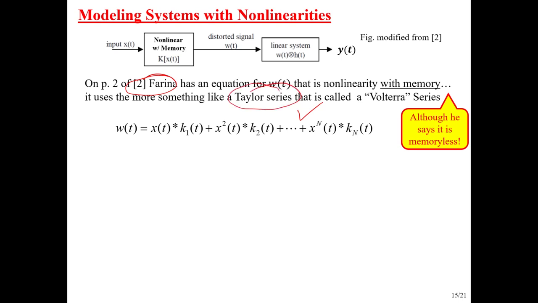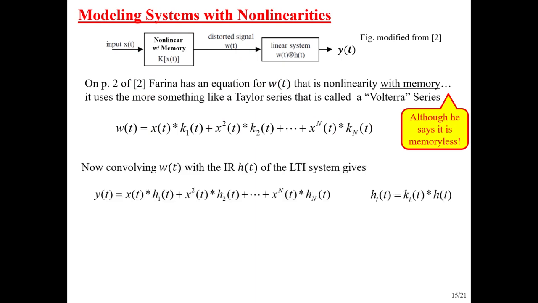The basic idea is that this signal here, after going through this nonlinear system with memory, ends up being x of t convolved with something plus x squared convolved with something all the way out to the nth power convolved with something. And technically this would go on forever, but in reality we say, well, okay, those higher order terms can probably be negligible after some level.